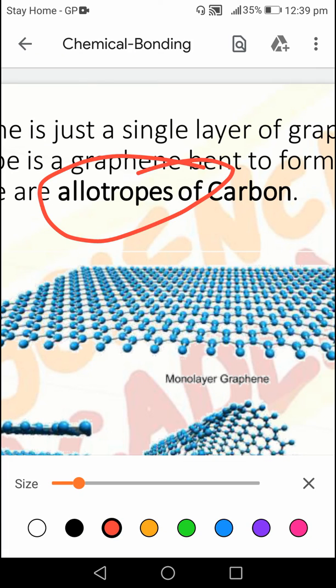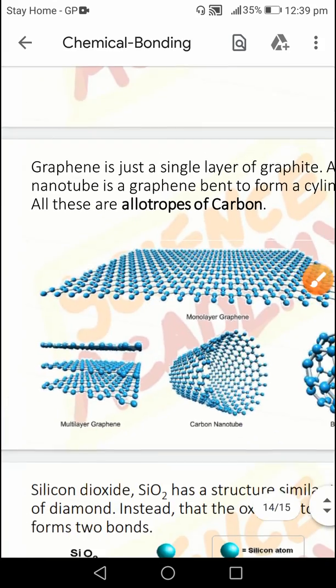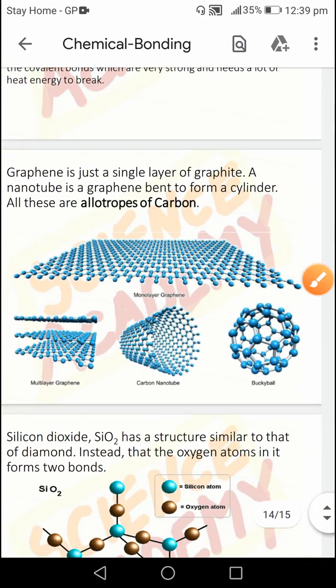Allotropes. Now, what do you mean by the term allotropes? This is what we now need to know. Allotropes actually means that they are made up of the same atom, so the same element, but they have different structural forms.